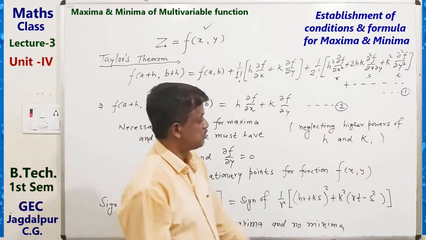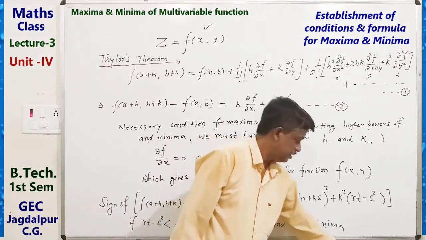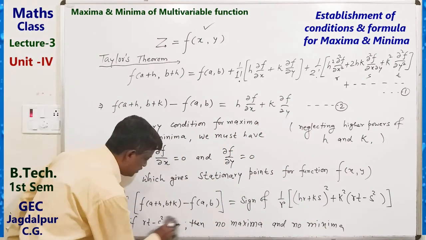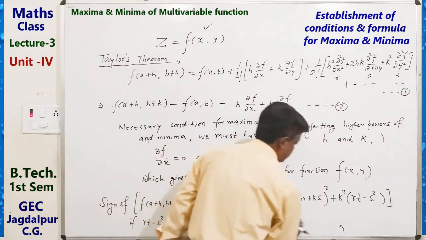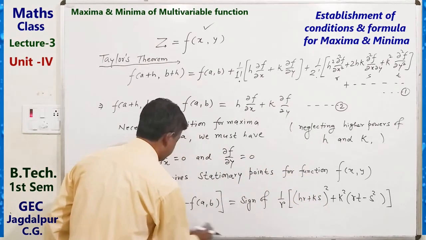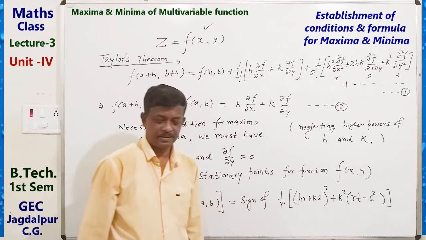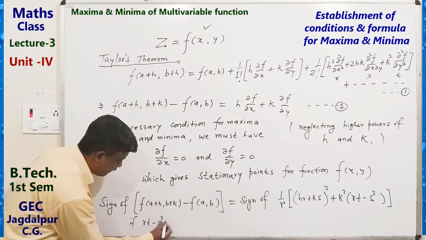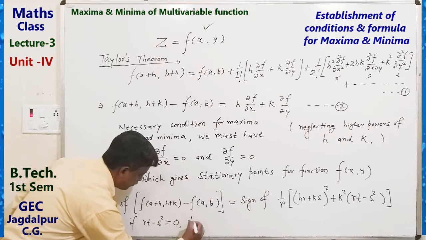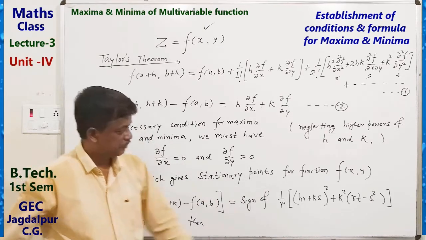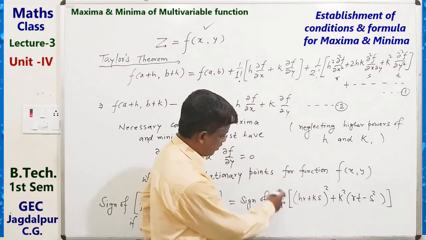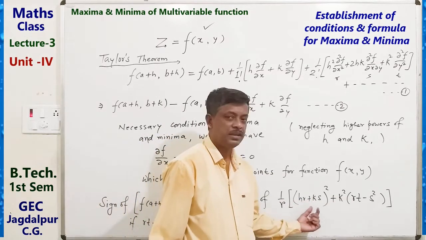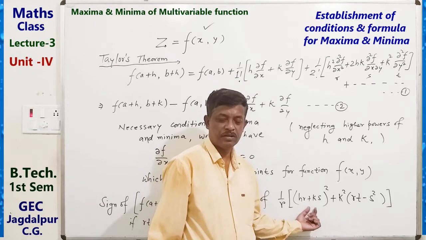And if this is equal to 0, then we get 1 by r into this, and this may be 0.